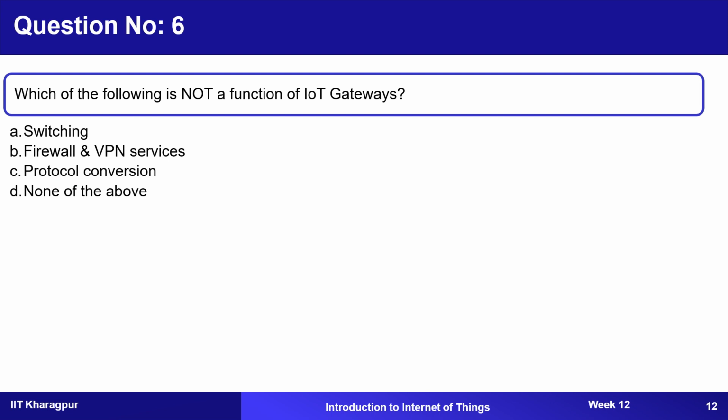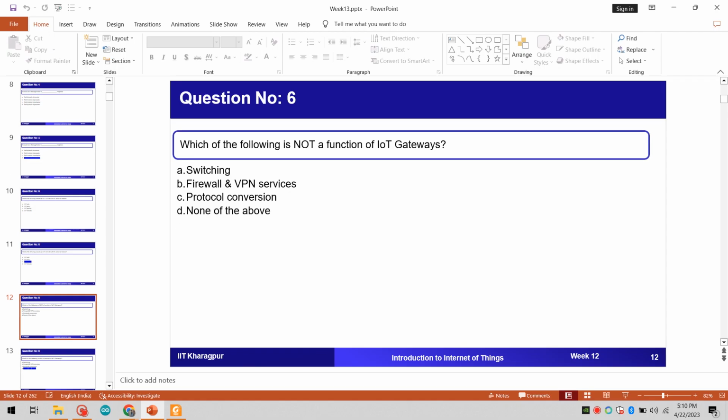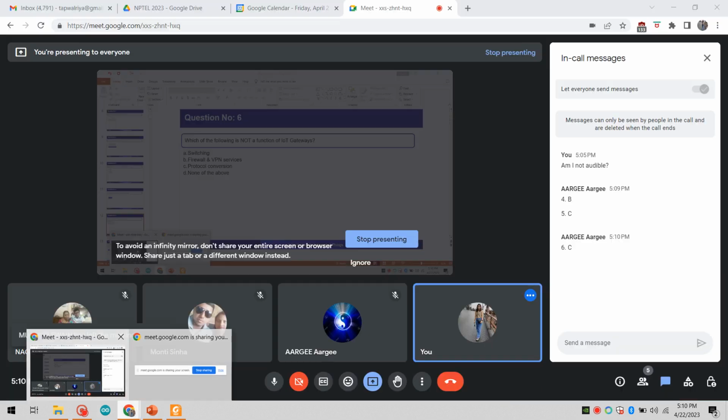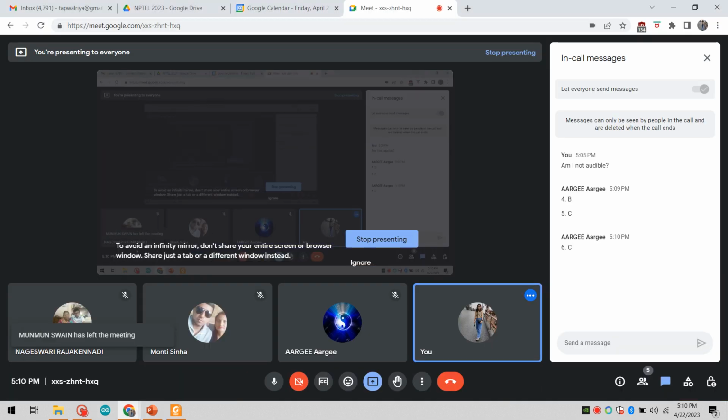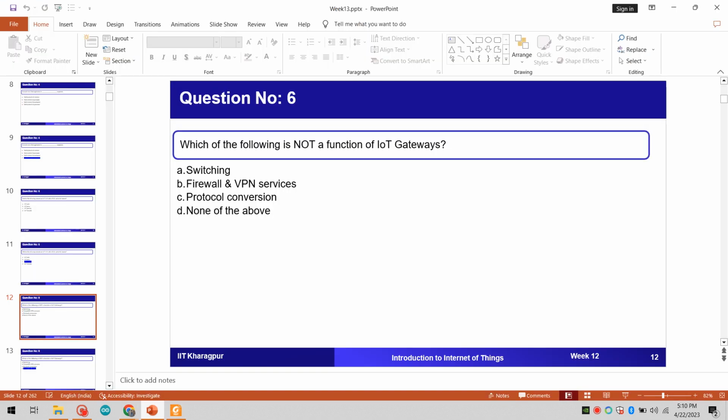Next question is, which of the following is not a function of IoT gateways? Options are switching, firewall and VPN services, protocol conversion, none of the above. Anyone? C. Protocol conversion.